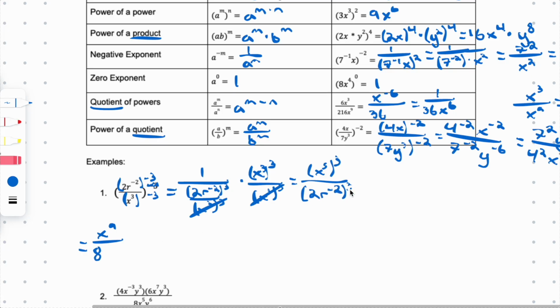So again, power of a power, we multiply negative 2 and 3, we get, sorry, not x, r to the negative 6th power. And we don't want negative exponents in our answer, so we do x to the 9th, and we bring this r to the negative 6th up, somewhere there, and we get an answer like that.